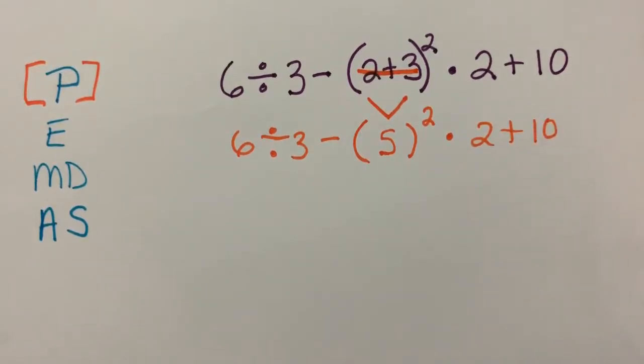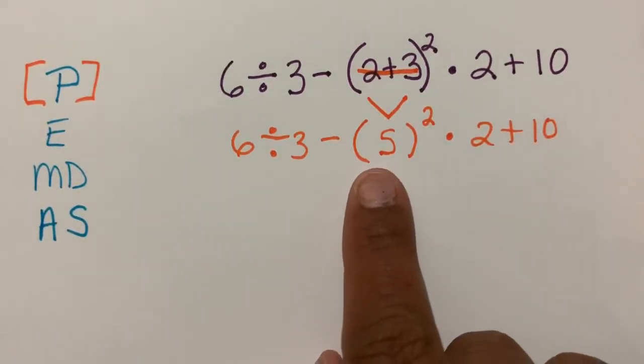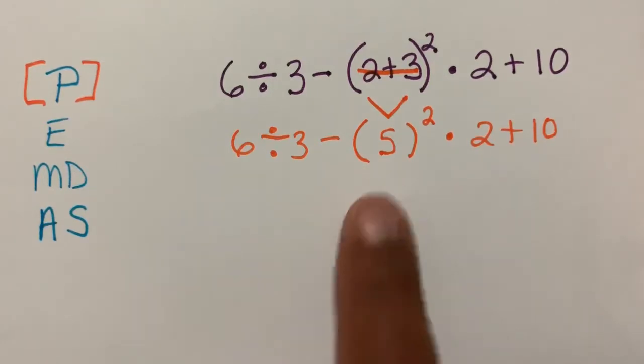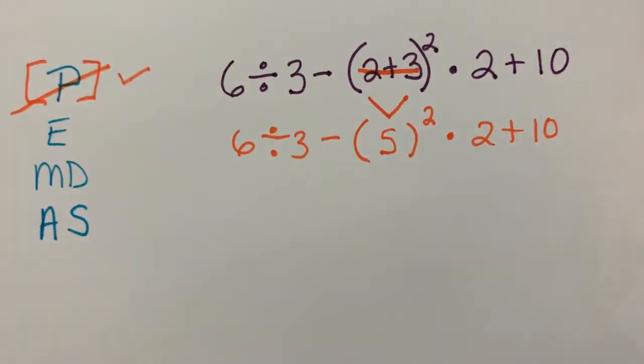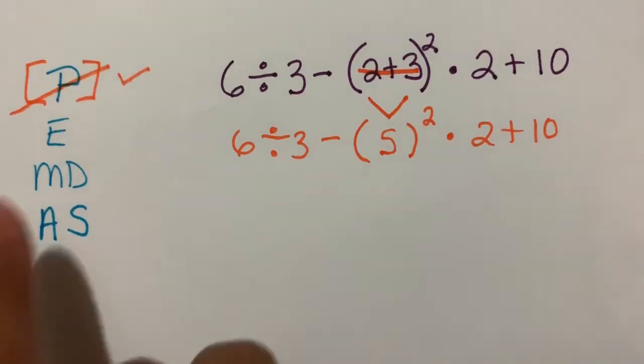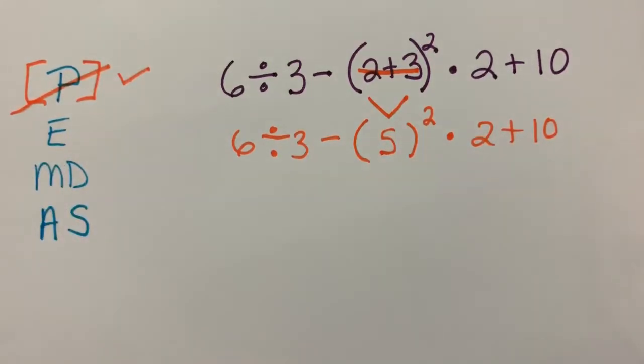Even though I still have parentheses around this number, it's not parentheses anymore because it doesn't have an operation inside of it. So I can cross that out because I'm done with that step. This is now an exponent, and our next step in the order of operations is exponents.